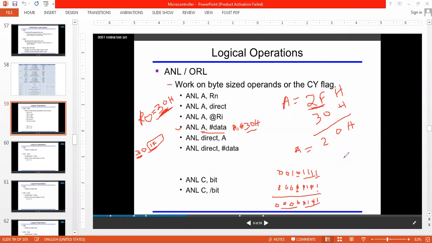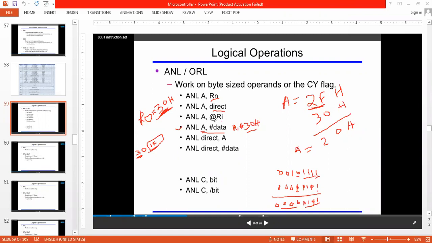That is why the addressing modes are very much important. The addressing modes are telling us the way of writing the instructions and accessing the data. Here we are accessing the data through the register, so this is register addressing mode. Here we are accessing the data through the memory address, so this is direct addressing mode.